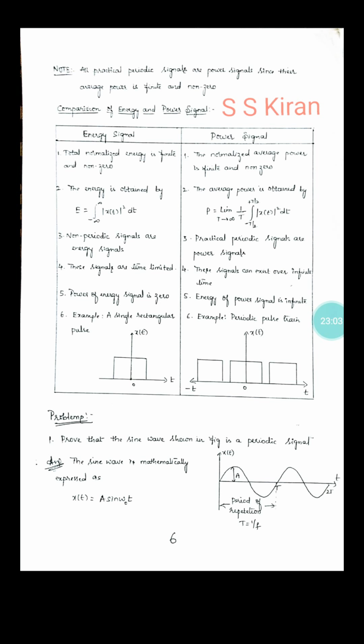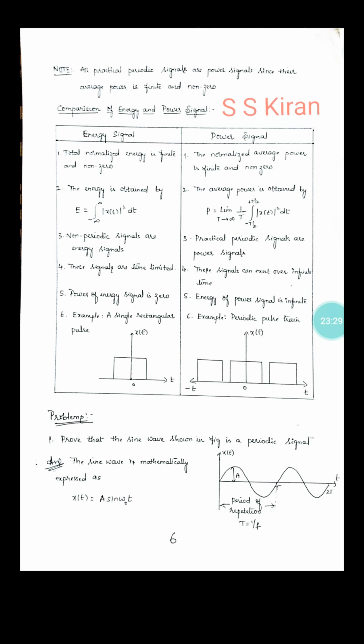Now a very important topic: comparison of energy and power signals. Very important, there is a chance to ask in final examinations. For an energy signal, total normalized energy is finite, as I already discussed. For a power signal, power is finite and non-zero.